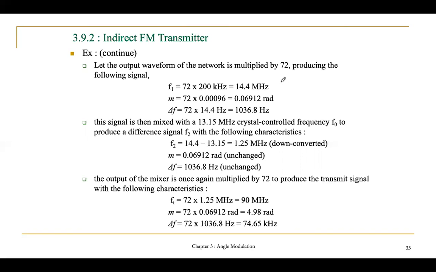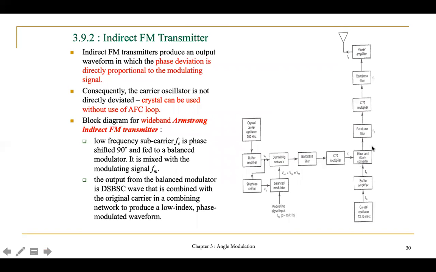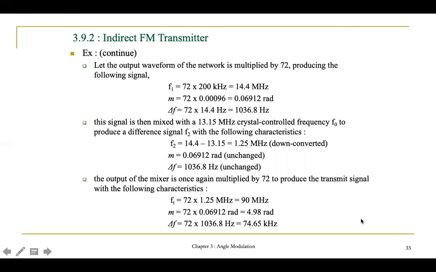And then your modulation index is also multiplied by 72, and the same for your frequency deviation. Okay, the signal is then mixed with the 13.15 megahertz crystal control frequency to produce a different signal f2 with the following characteristics. If you look here, you have a mixer and down converter with a crystal oscillator of this value.